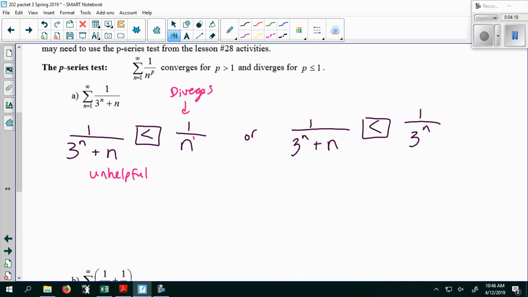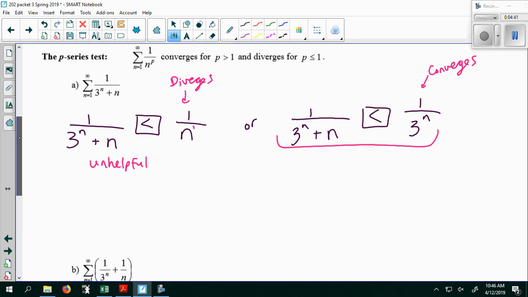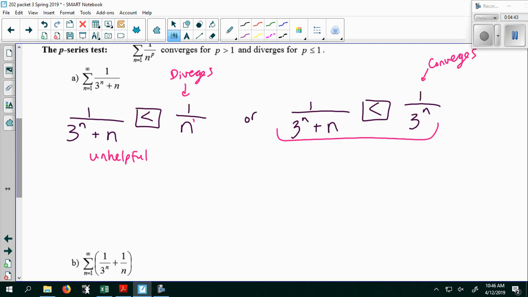But 1 over 3 to the n converges. And so my sum is smaller than something finite. This tells me that my sum is also going to converge because it's smaller than a convergent sum. Because this is true, I'm going to write out a final sentence to conclude the problem.